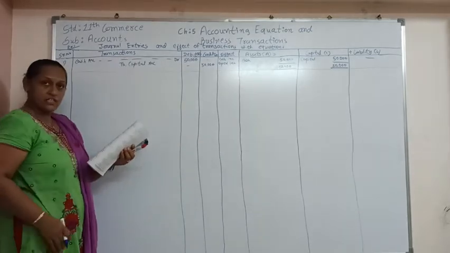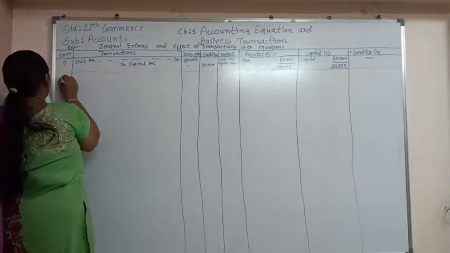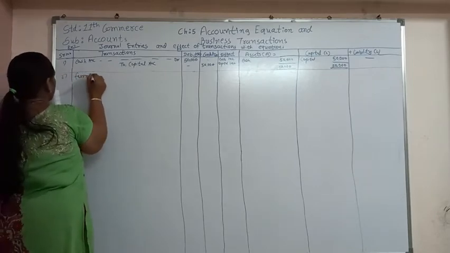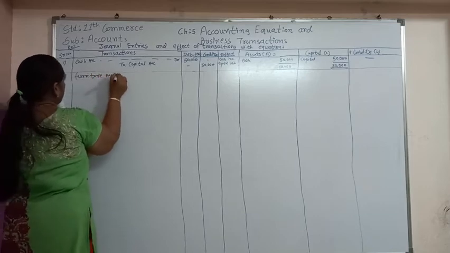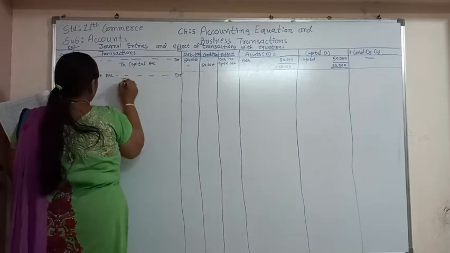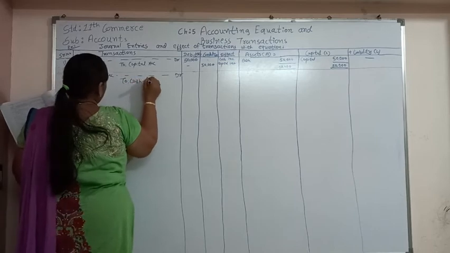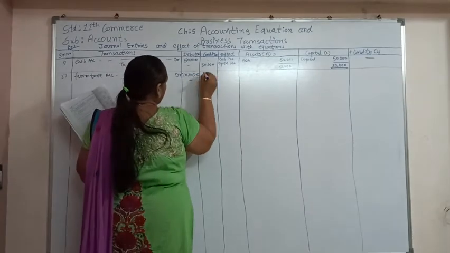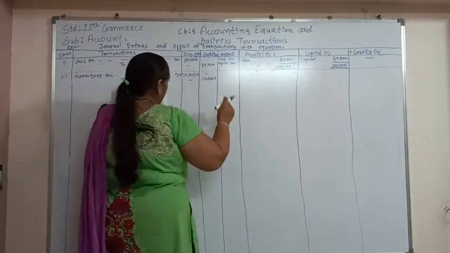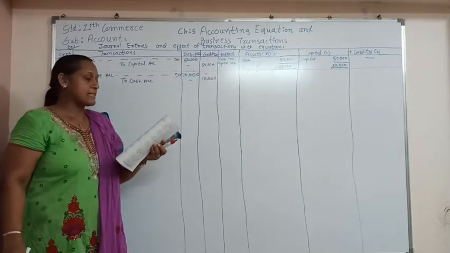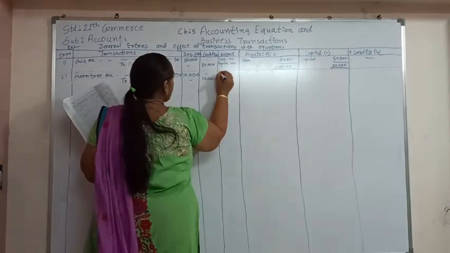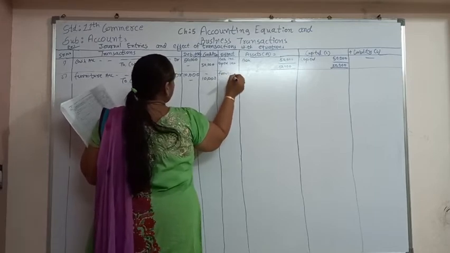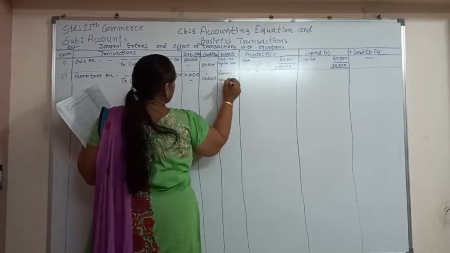So the journal entry we pass is furniture account debit to cash account, and the amount is rupees 10,000. Because of this, as we know, cash is going out of the business and furniture is coming into the business, so furniture is going to increase and cash is going to decrease.